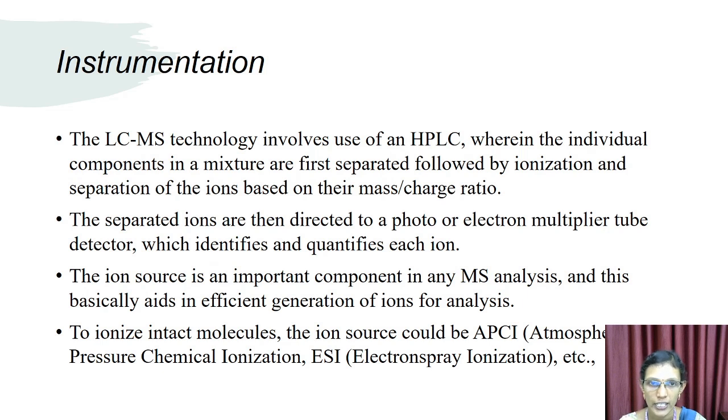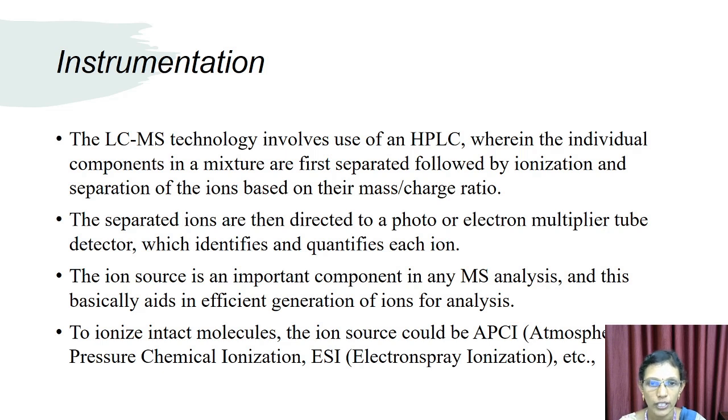The LCMS technology involves using the HPLC, wherein the individual components in the mixture are first separated, followed by the ionization and separation of the ions based on the mass to charge ratios. The separated ions are directed to the photo or electron multiplier tube detector, where they are identified and quantified based on each ion.